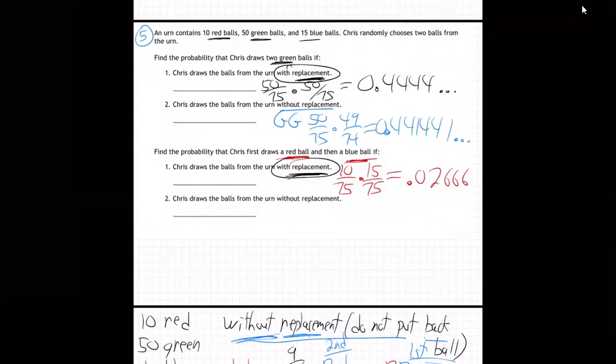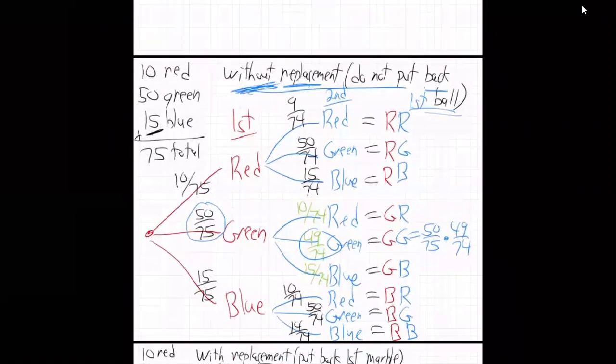And then on the bottom part, it says red and then blue, right? Red and then blue without replacement. So where is my red then blue? Yeah, there it is, red then blue. 10 75ths times 15 74ths, right?